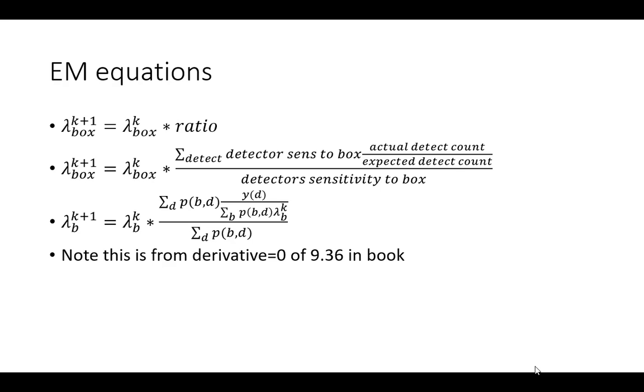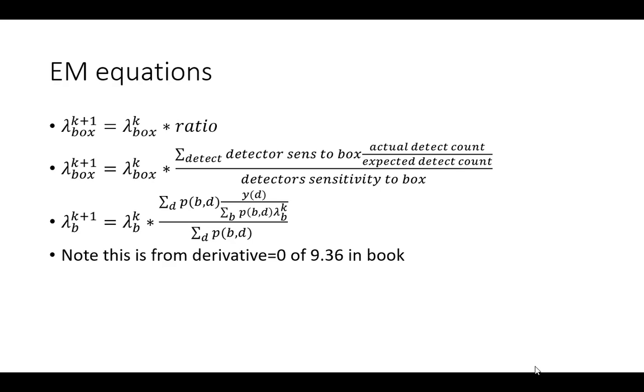And it basically looks like the likelihood is going to be equal to, we're going to sum up over all of our different boxes that are out there, a situation where essentially what was the actual number of radioactive events that happened in that box.